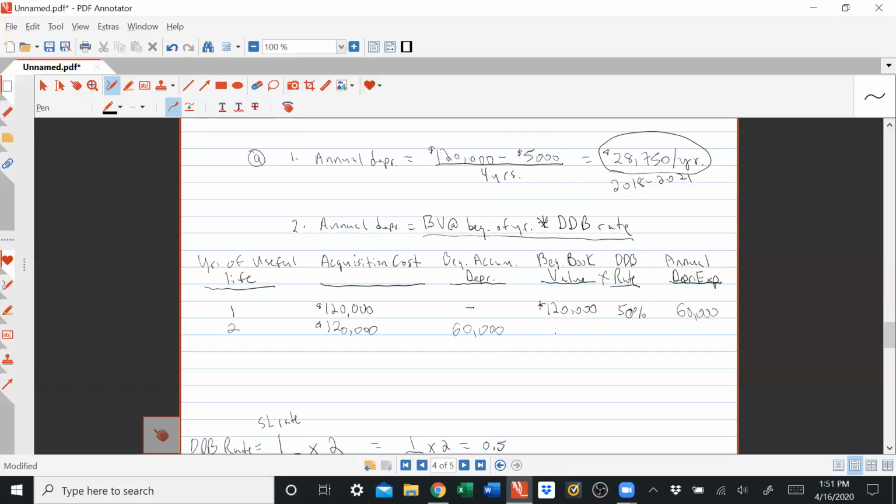The beginning book value in year 2 is our acquisition cost minus the balance in accumulated depreciation at the beginning of year 2. So column 4 is column 2 minus column 3. And then we take 60,000 times 50%, it's 30,000.